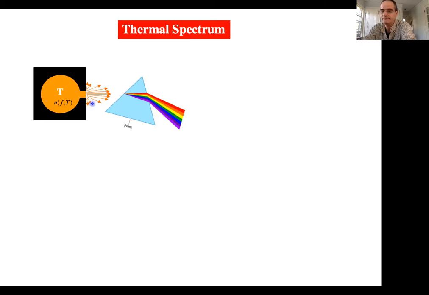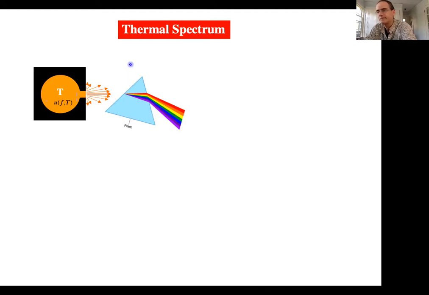And what we're going to find is that the spectrum of the light that's emitted depends only on temperature. So if we take the radiation emitted by a black body and disperse it by breaking it up according to color, what we'll find is that the spectrum, the intensity as a function of wavelength, depends only on temperature.